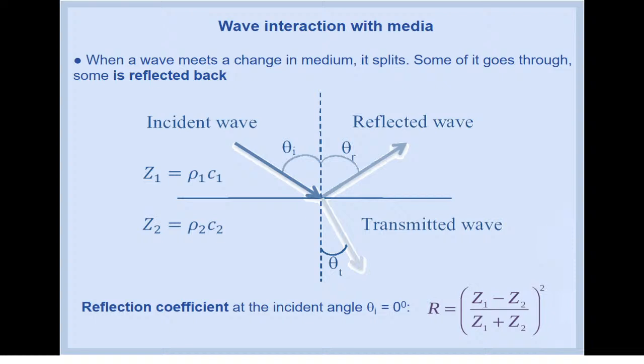For normal incidence, when this angle equals 0 degree, reflection coefficient may be expressed by that means. And this we will come back to when we talk about structures such as the middle ear structures.